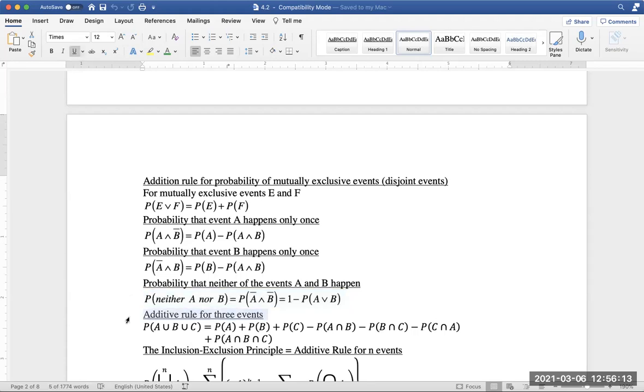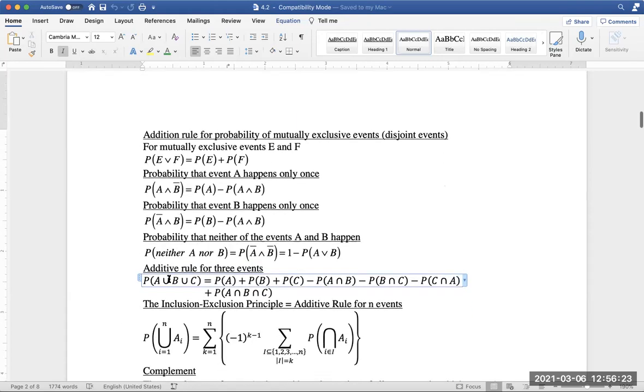So the additive rule for 3 events, the probability of A union B union C. Oh, I did it in unions now. Not that it really matters. Let me see if I did these in unions or intersections.